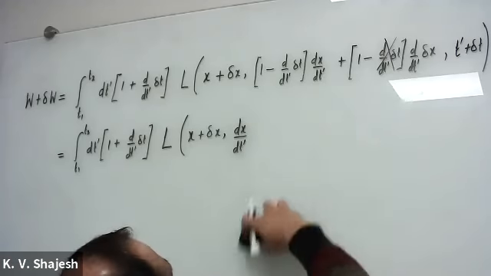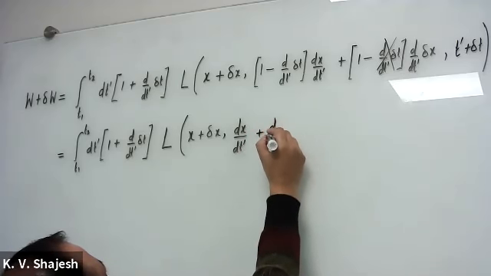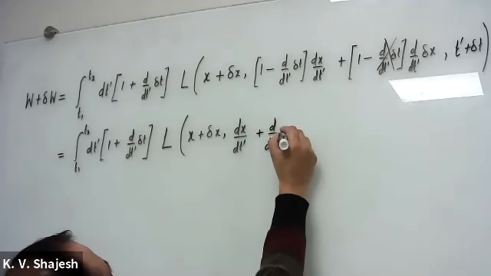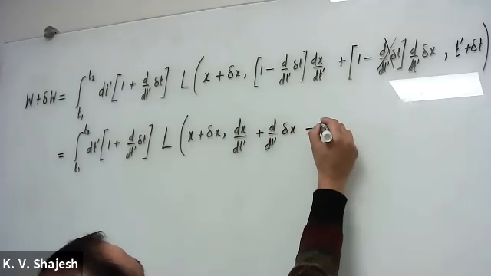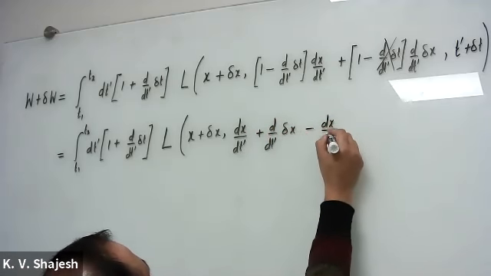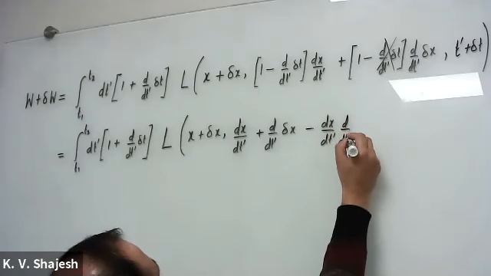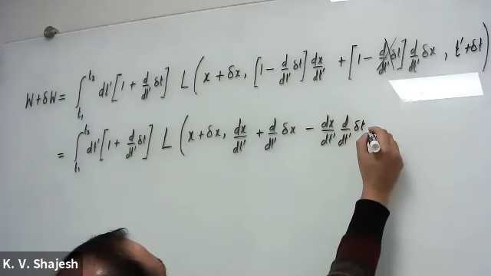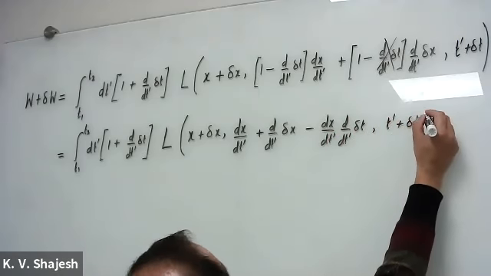Let me write this: plus d by dt prime delta x, and then there's this minus dx by dt prime delta t, and t prime plus delta t.